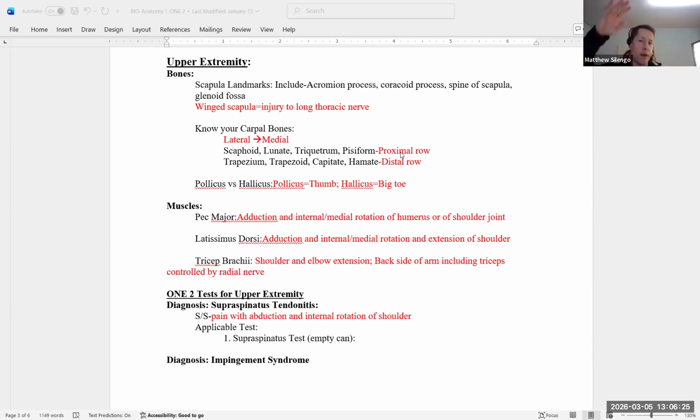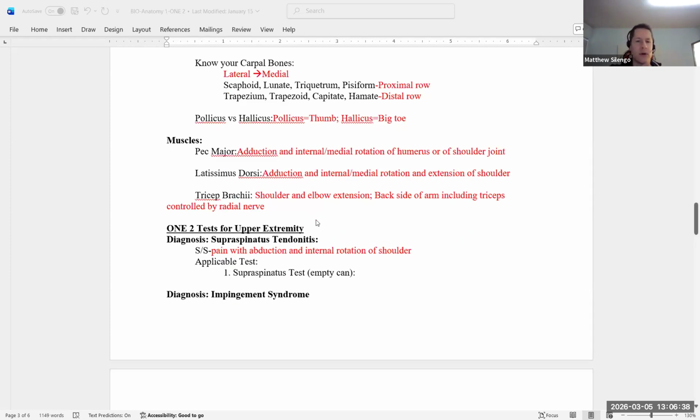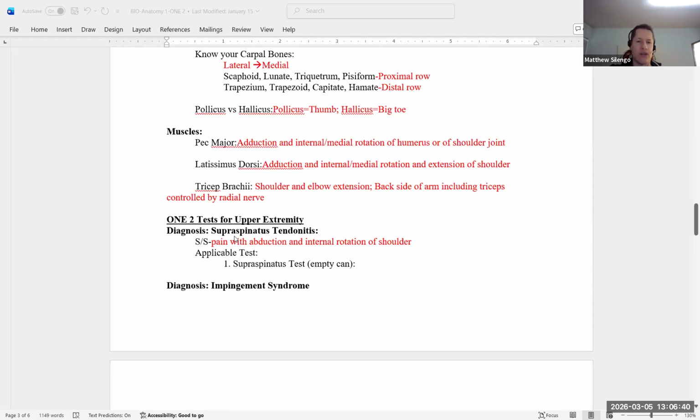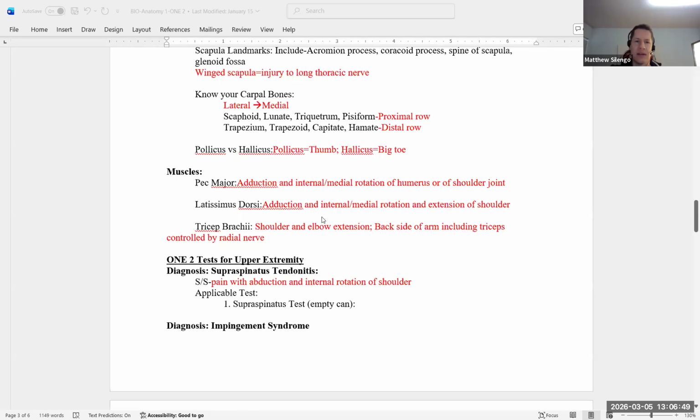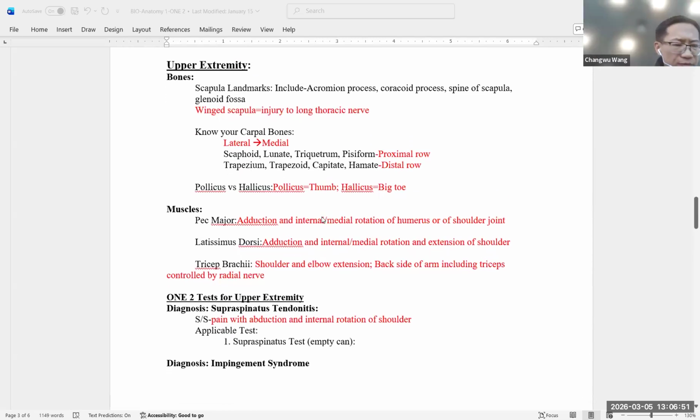A lot of it was open, more of an outline, and as we went through the review class, I typed things in as we were going, and I've saved it over time. So the red stuff is additional things I've typed in, but all of it's important. You should know that supraspinatus tendonitis is tested for with the empty can test, even though it's in dark print. The red's just additional notes. Okay, thank you. So I wouldn't take that into account. Just know what's here. All right.